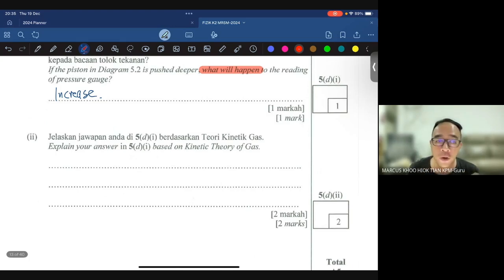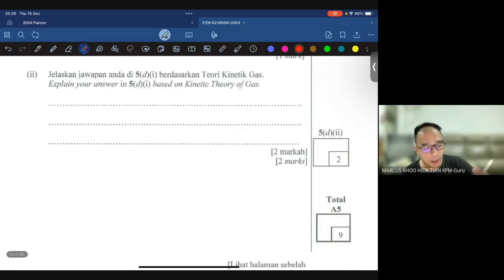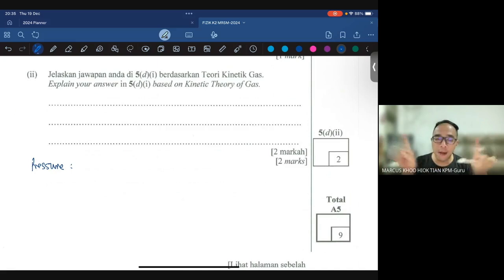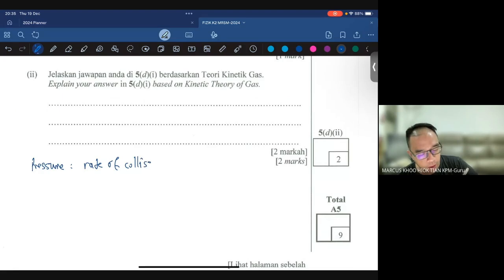Okay, you cannot run away from gas law without talking about the kinetic theory of gas. So just to remind you, if you talk about pressure, you must somehow link it with the rate of collision between gas molecules and the wall of container.